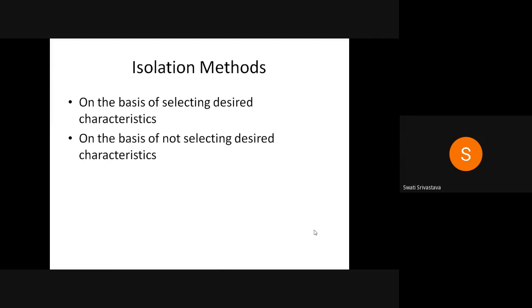In that case, you need to select organisms that won't produce penicillin, or some other kind of characteristic you need to consider, so that the desired characteristic is not obtained. You won't take the organisms that are producing penicillin specifically. Rather, you will take them on the basis of the substrate selection or some other criteria, on the basis of which you will isolate those species.